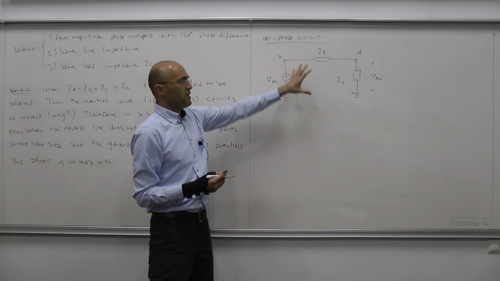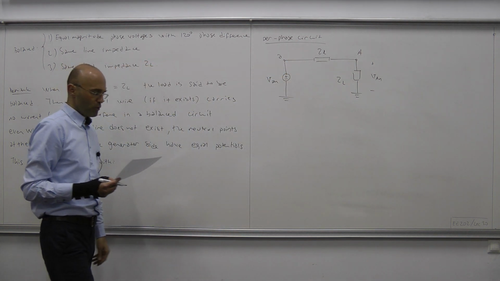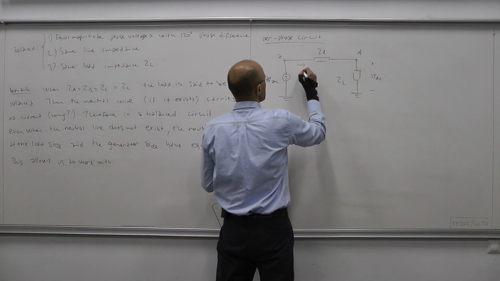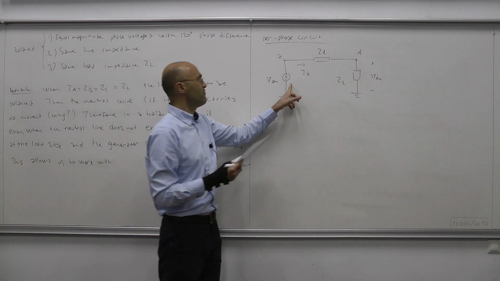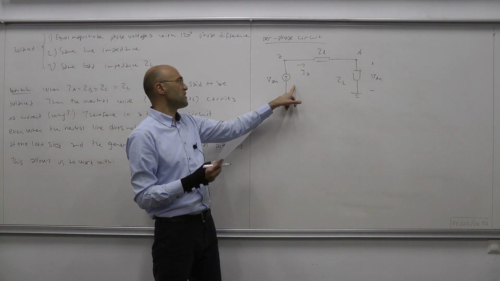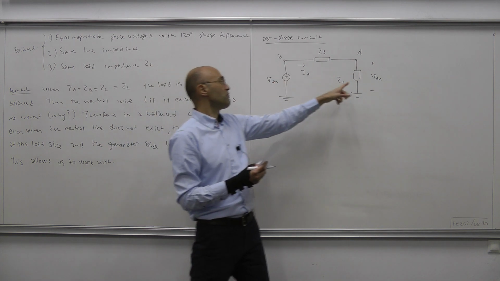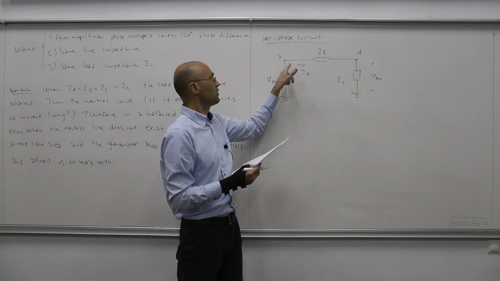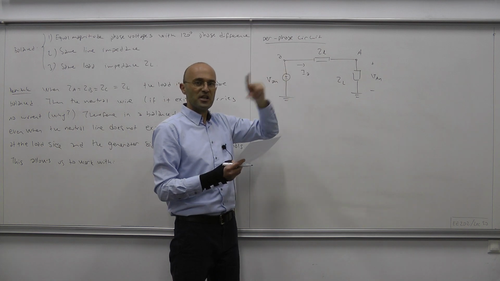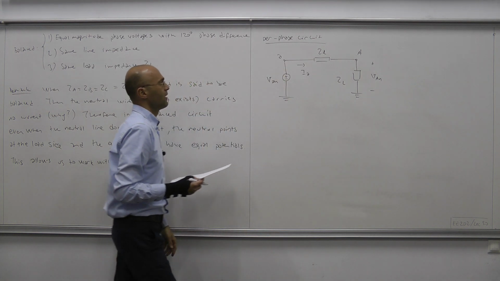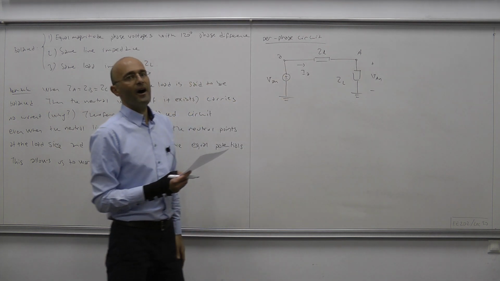Now, this is a very simple topology, and we can compute anything we want very easily. So this current is the phase current for the Y-to-Y connection, the phase current for the source, also the phase current for the load, and also it's the line current. Since there is a single loop, there is a single current, and that current can be labeled by IA.